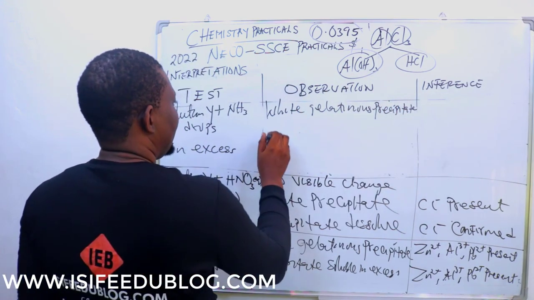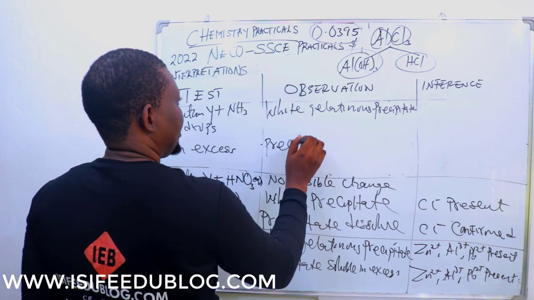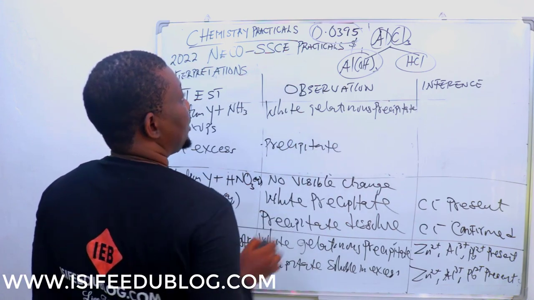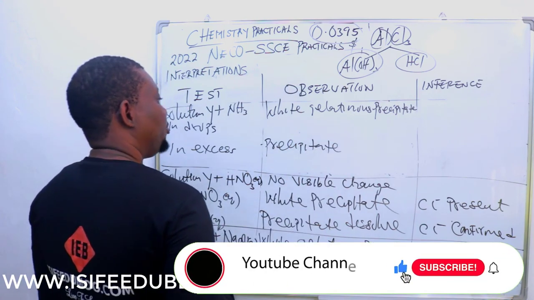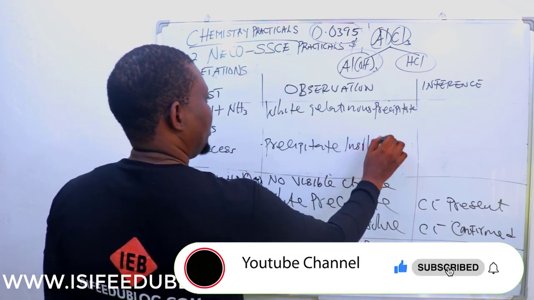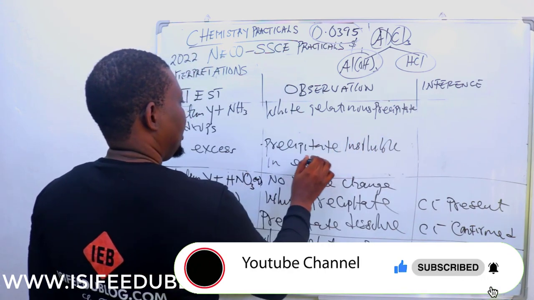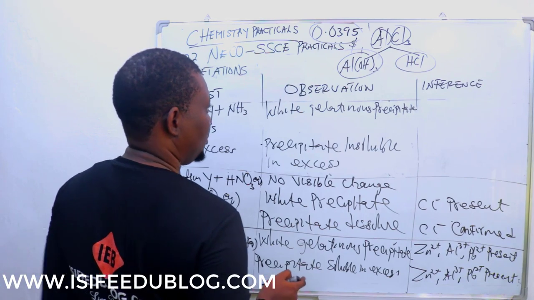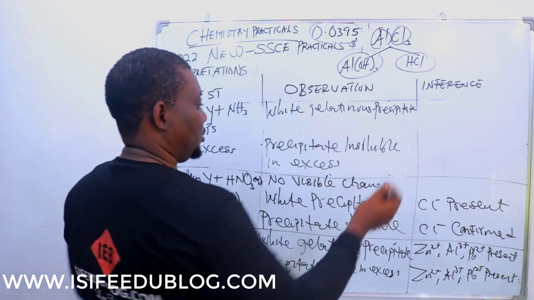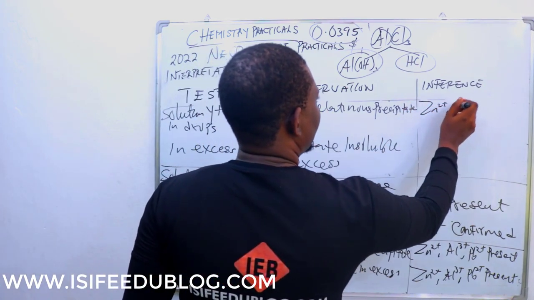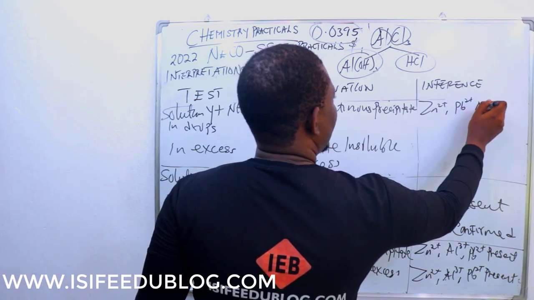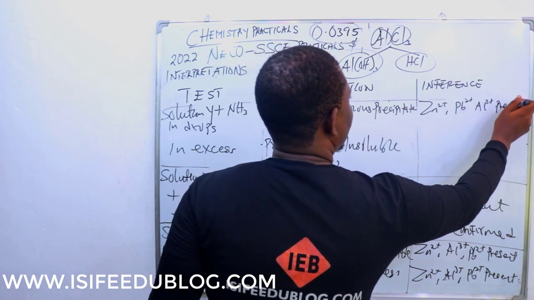So in excess, the precipitate, because it is aluminium, not zinc, is insoluble in excess. So you should know that with the precipitate formed, you should have Zn2+, Pb2+, Al3+ present.